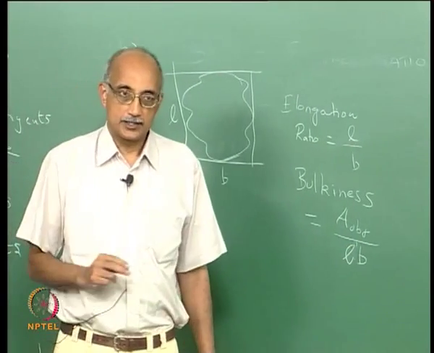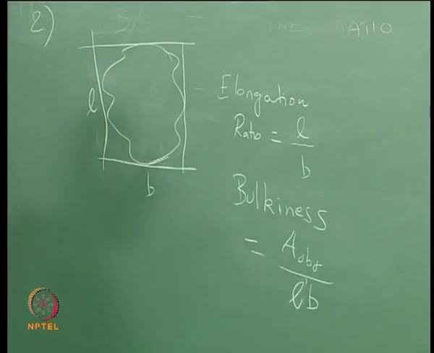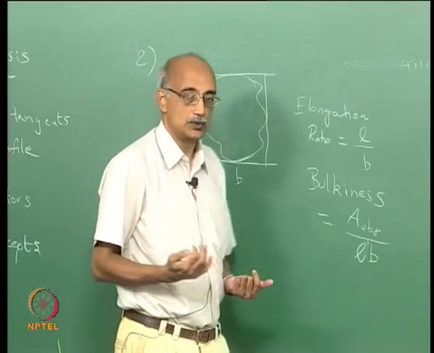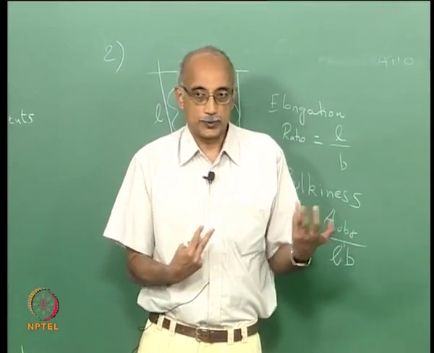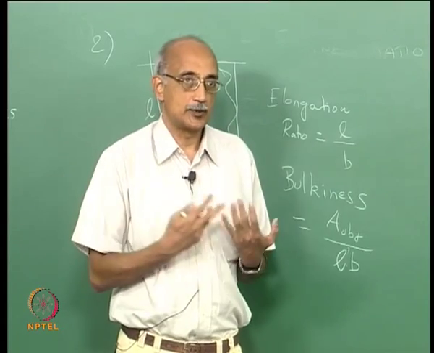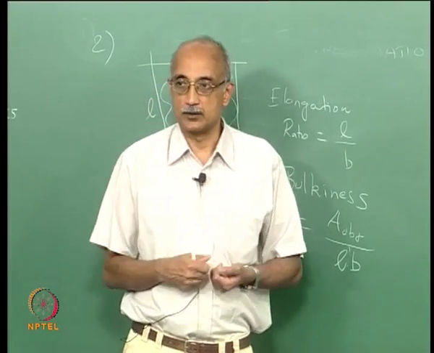So, again, these are examples of shape comparators which can be very conveniently used by research groups working across several labs to come up with the same description of a particle.